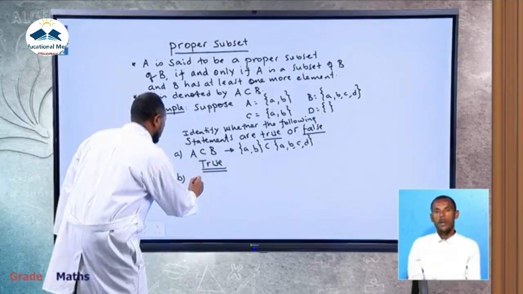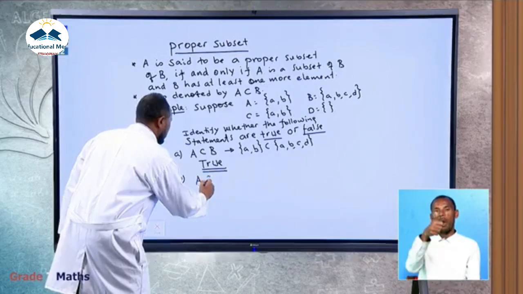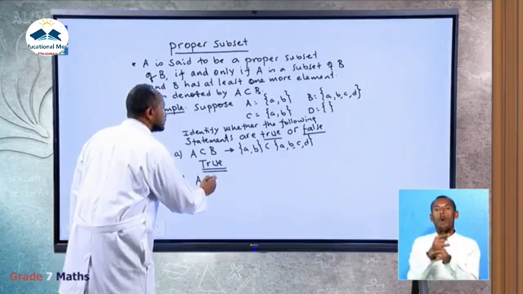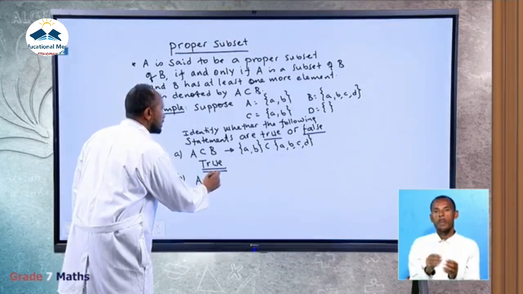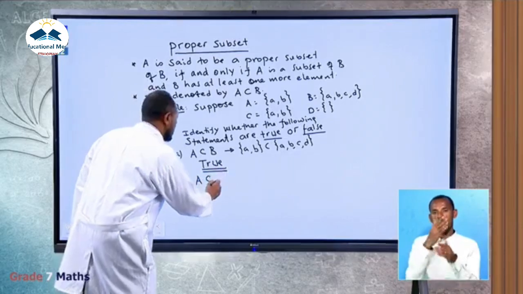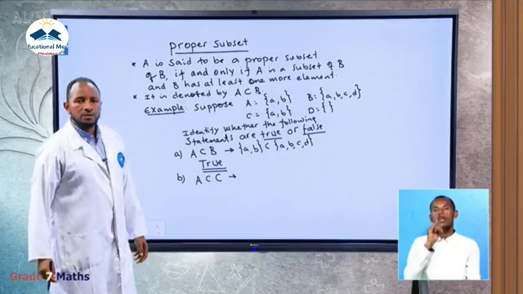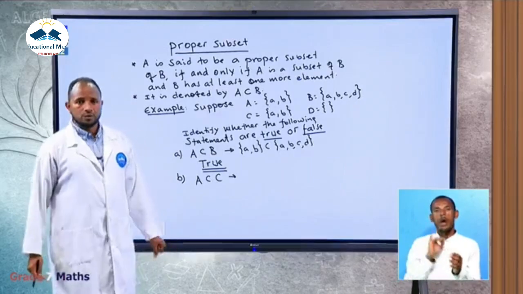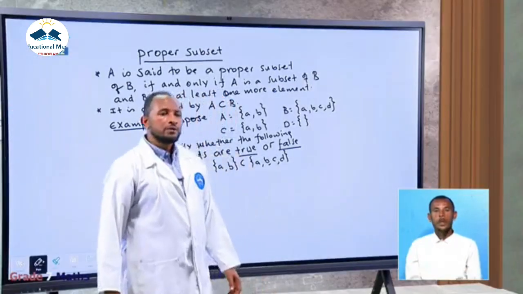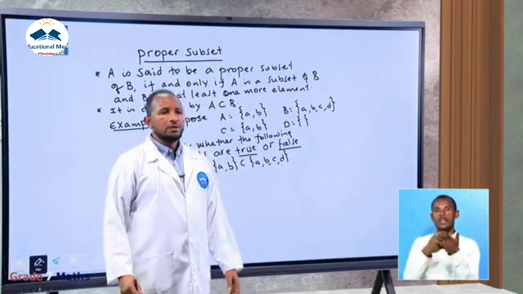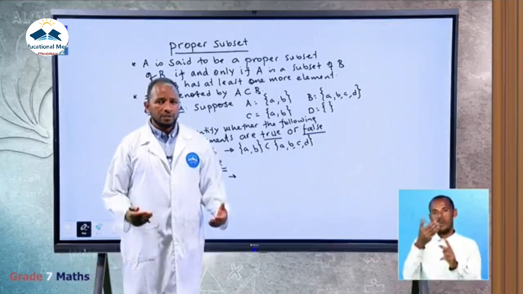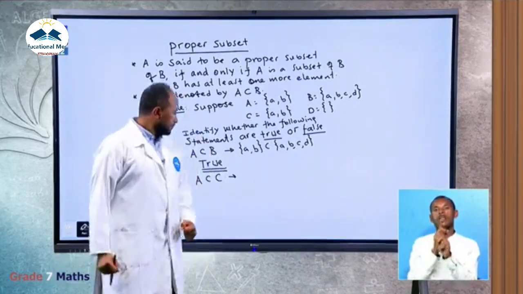Now, let's see another example. Take this one. Is A a proper subset of C? I'll give you 10 seconds for this question. Students, have you tried the question? Very good. Now let's see the answer together.